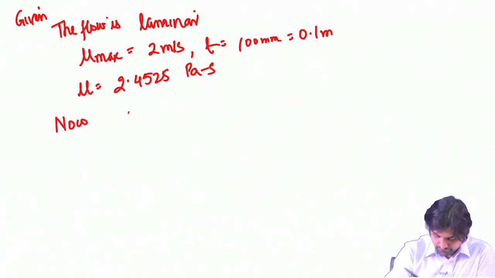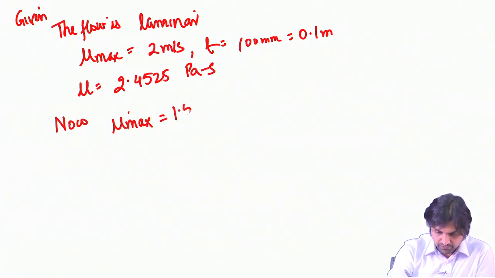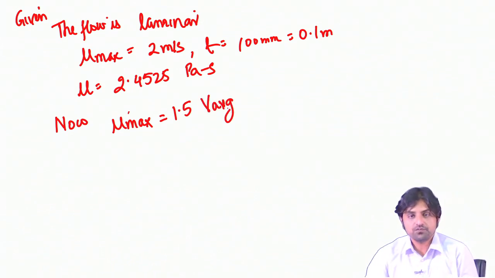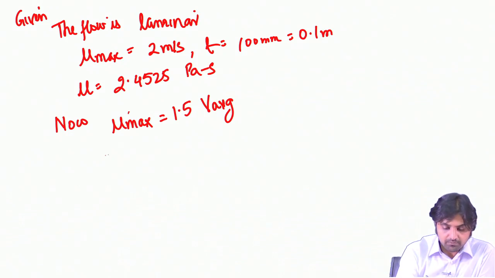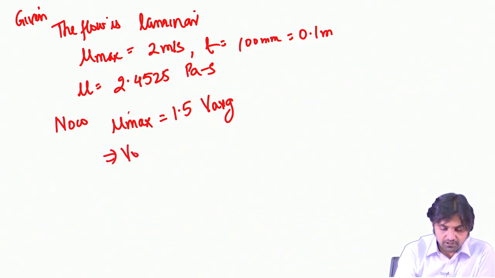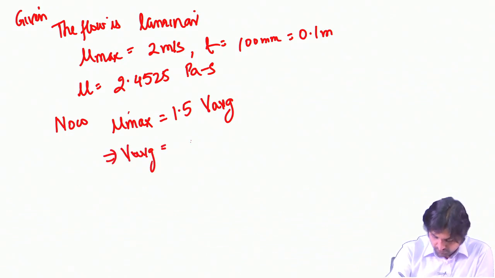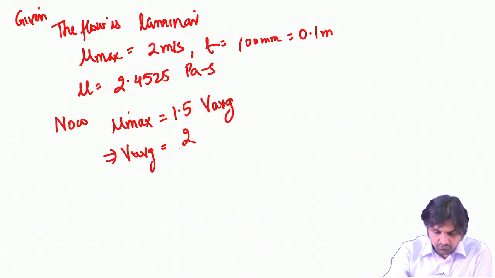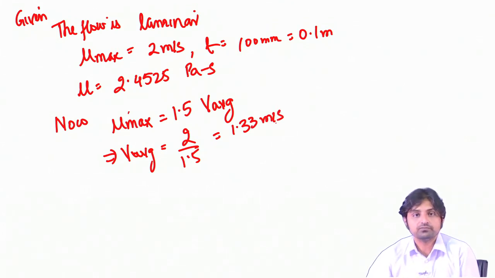Now, U max is 1.5 V average. This is what we have found out, which implies V average is going to be 2 divided by 1.5, that is 1.33 meters per second. Okay.